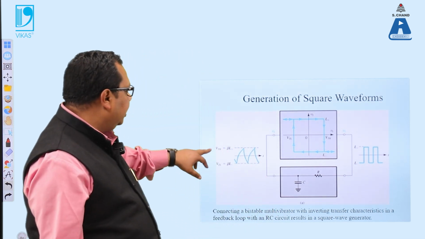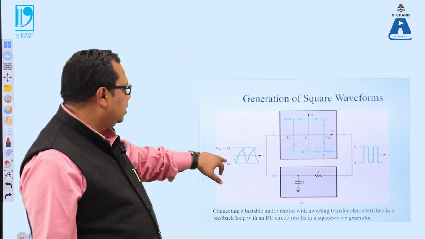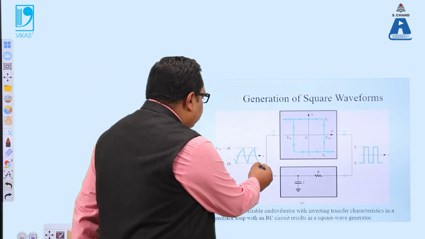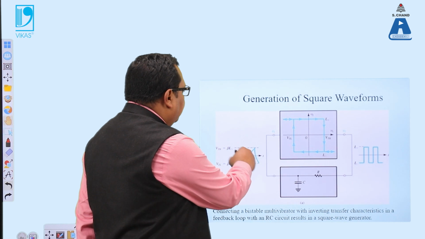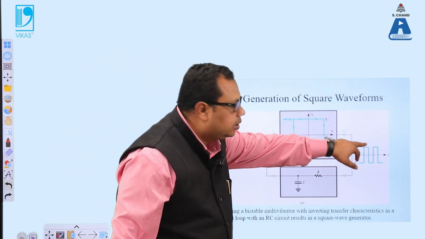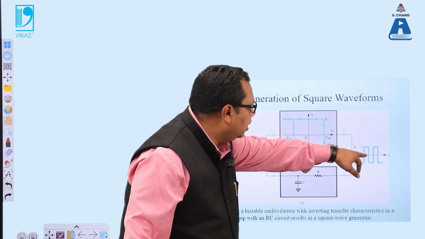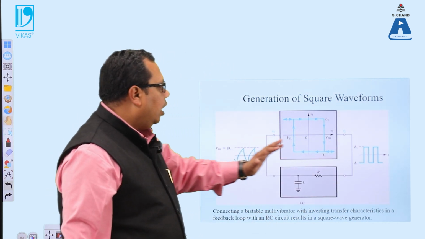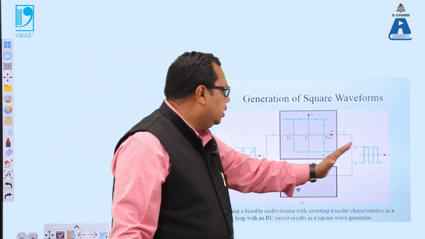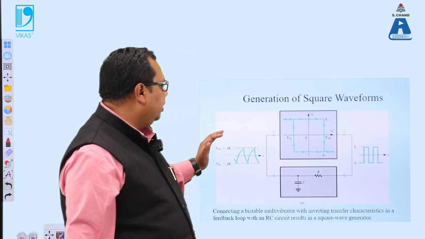Here we can see that there is no time period for this. Here is the starting initial point and here is the final point. There is no time period concerned in this, but here we can see the time, the pulses, the pulse rise, the pulse duration and the pulse fall. So the output that we are getting is purely in the square form or the digital form when we start from the input.